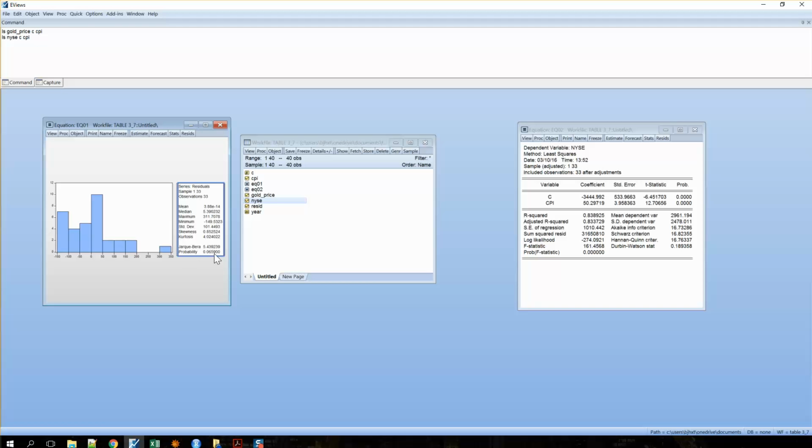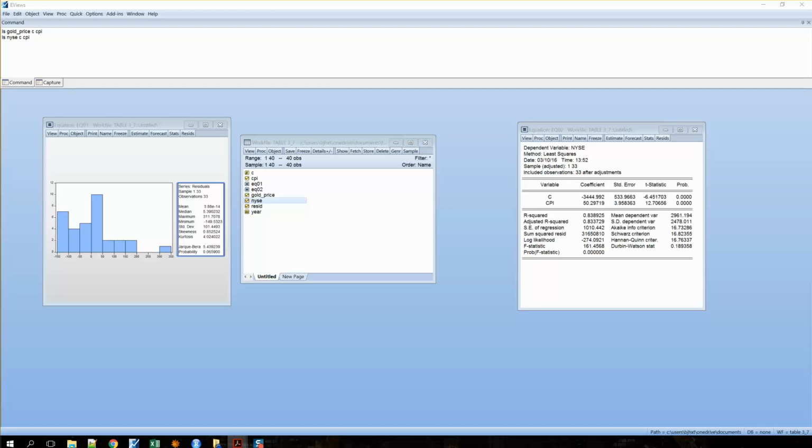This is a p-value of 0.06, which means that, given our hypothesis of normally distributed residuals, there's a 0.06 chance that we would observe a more extreme result here. So at a 5% significance level, we fail to reject the null hypothesis of normally distributed residuals.